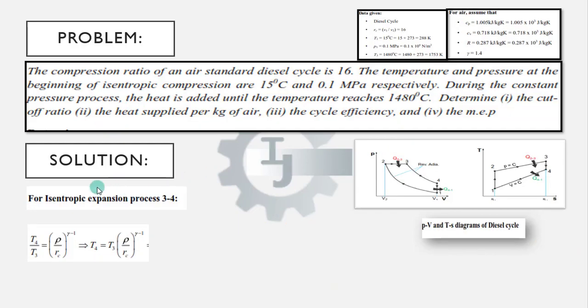Now for the process 3 to 4, that is isentropic expansion process, we know T4 by T3 equals rho by Rc whole to the power gamma minus 1. Therefore, T4 equals T3 into rho by Rc whole to the power gamma minus 1.